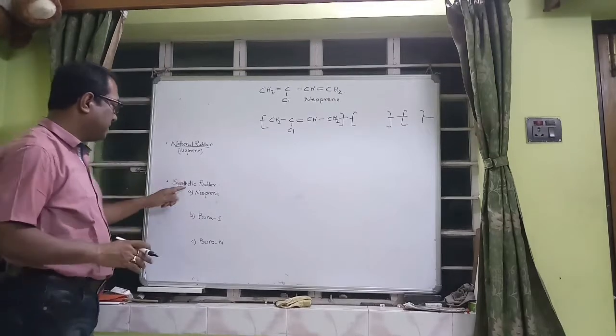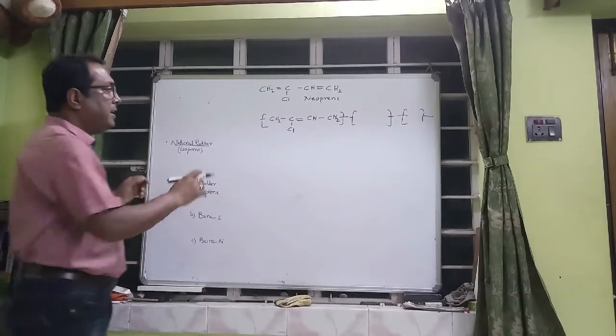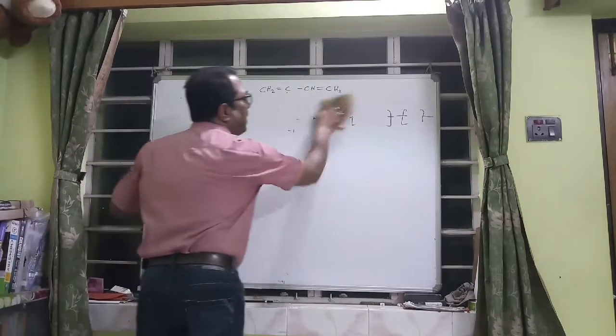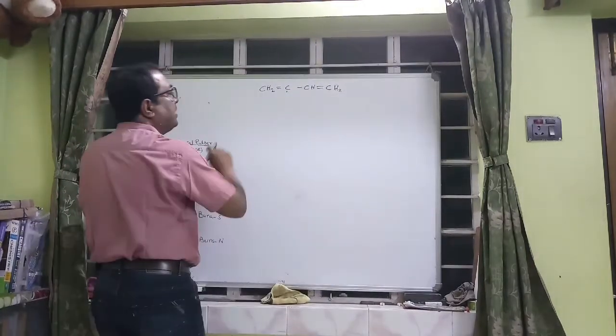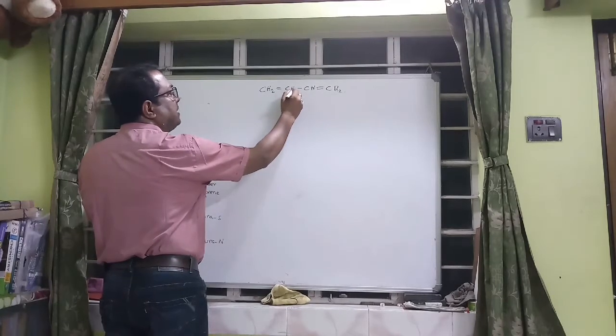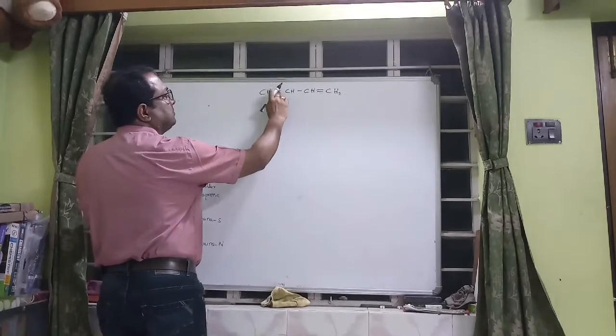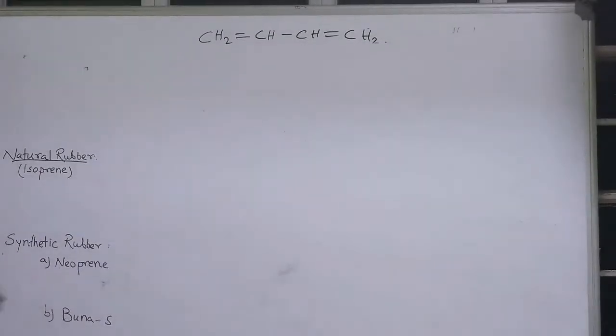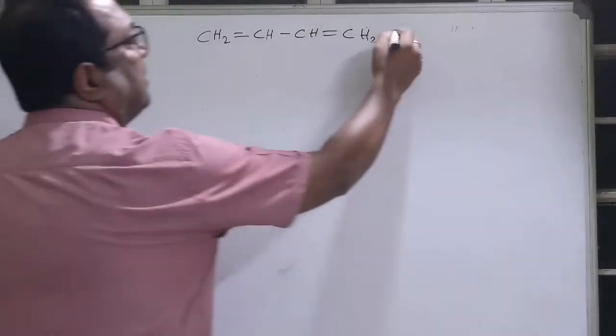Our next part of the synthetic rubber is Buna S. Here again we will be going back to 1,3-butadiene with styrene.